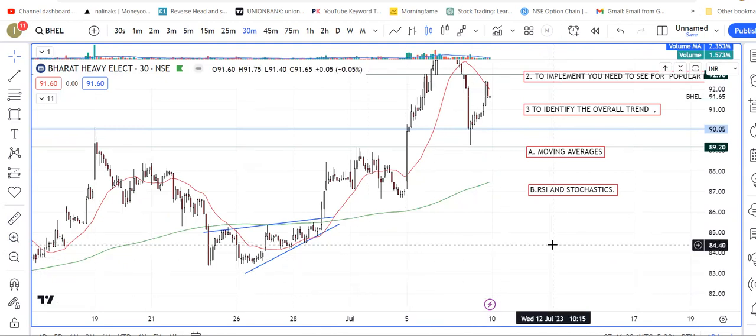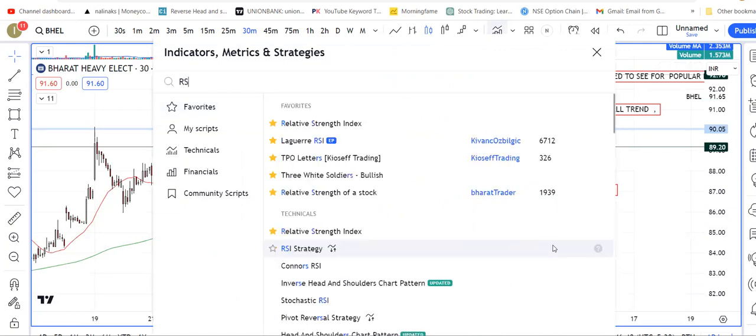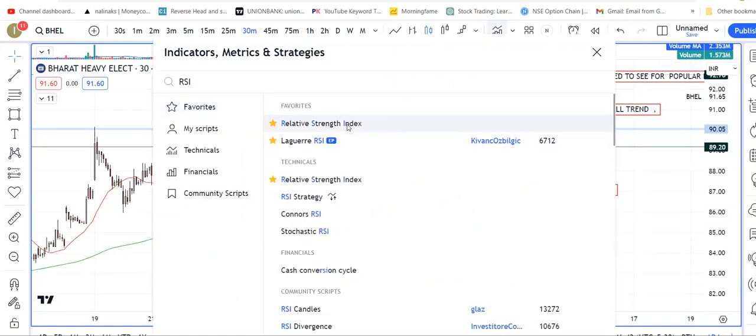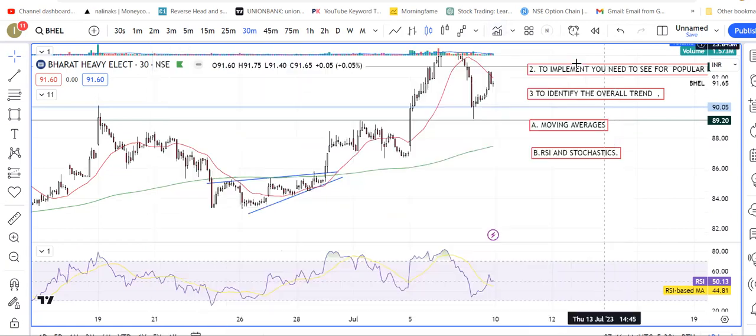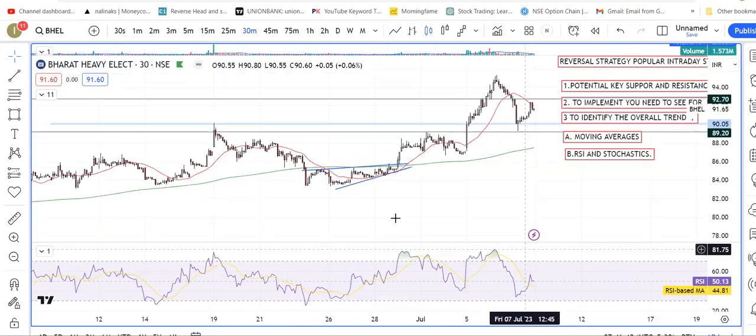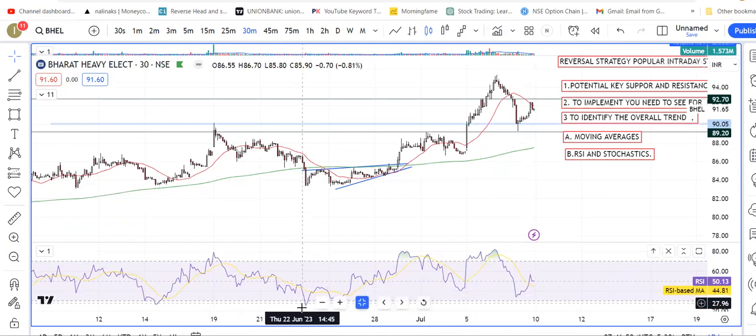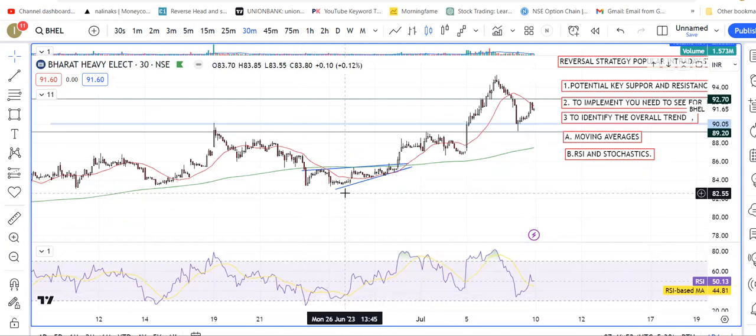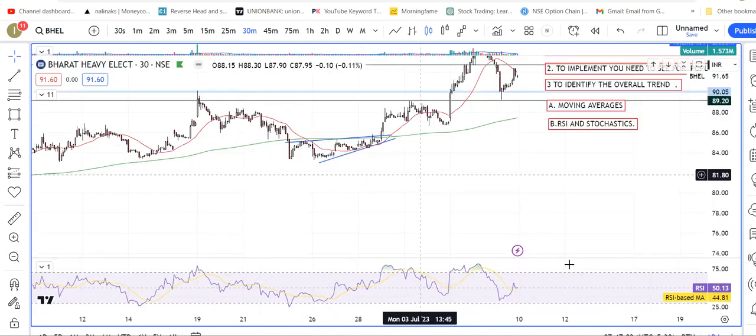For example, if I apply RSI, the relative strength index, on this chart, you can see the price had come in oversold. After hitting one level, it came to the same level again. You can see divergence also.